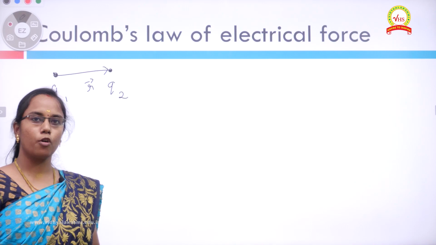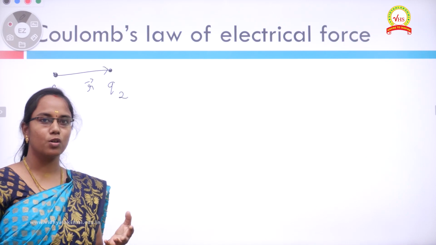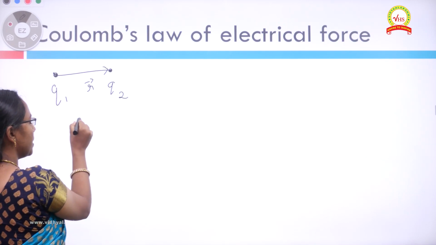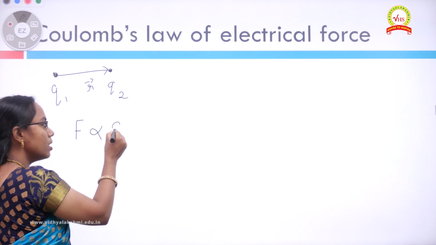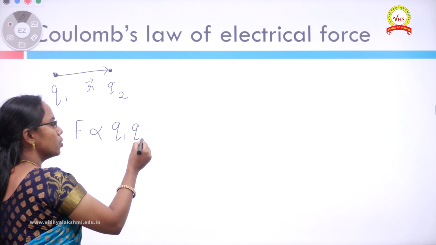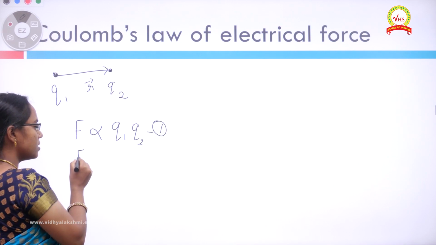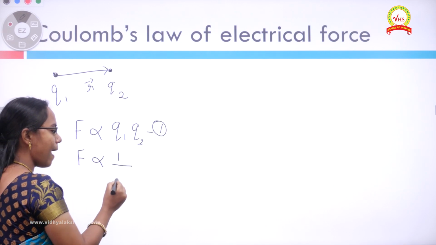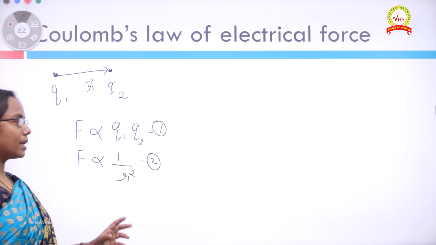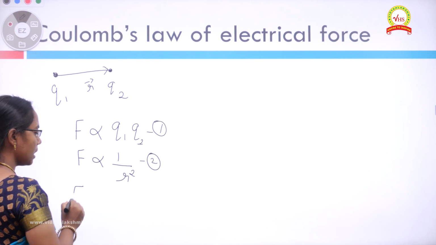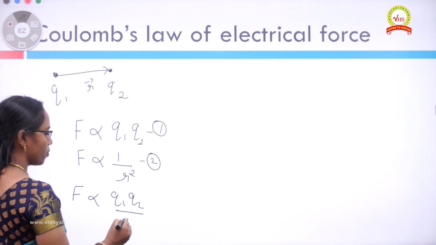Now, as per the statement of Coulomb's law, the electrostatic force F is directly proportional to the product of the charges Q1 and Q2. Let this be equation number 1. And then it is inversely proportional to the square of the distance between them. Let this be equation number 2. Now I am going to combine these two equations to get F proportional to Q1 Q2 by R square.